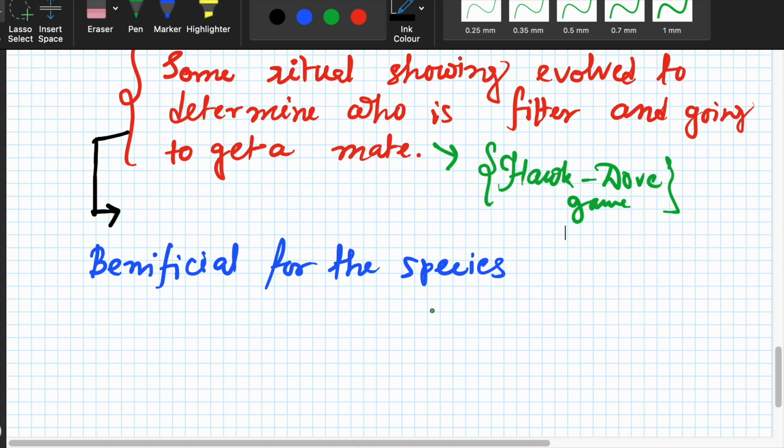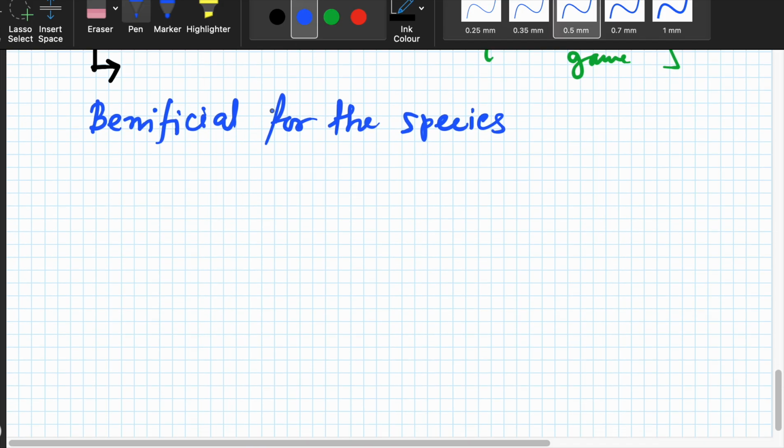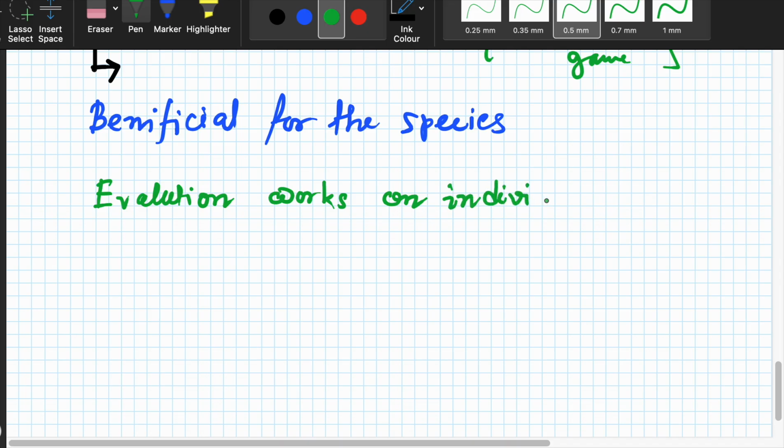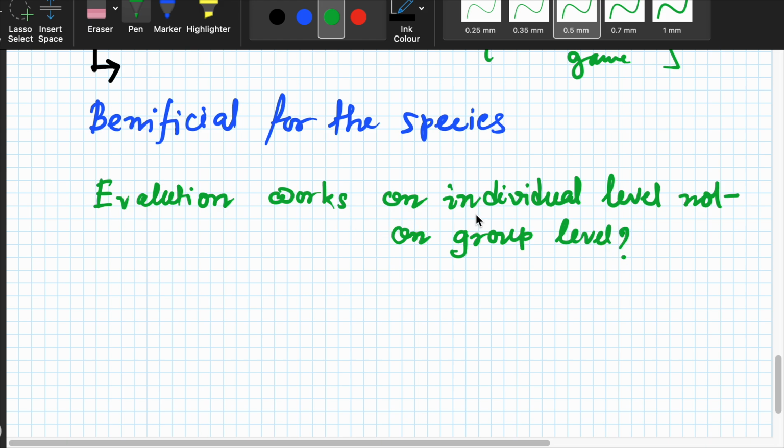That is why you are seeing the existence of these two strategies. If you assume that evolution works on the individual level, not on the group level, by individual level I mean the gene level.